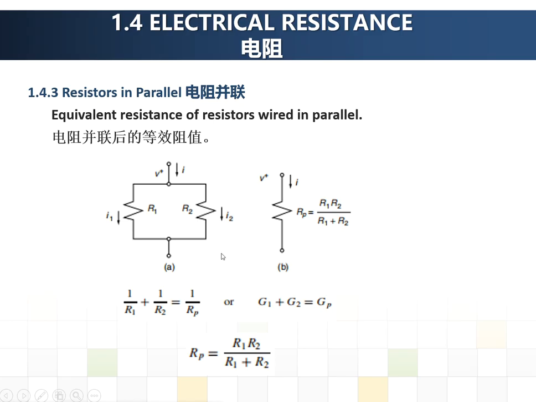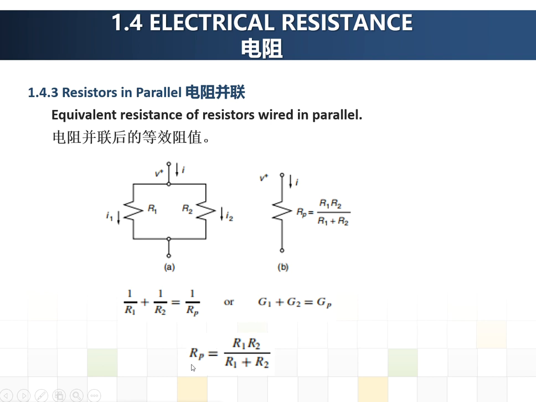We can see that the voltage across R1 and R2 is the same. Therefore, according to Kirchhoff's current law, the equivalent current is equal to the current flowing through R1 plus the current flowing through R2.